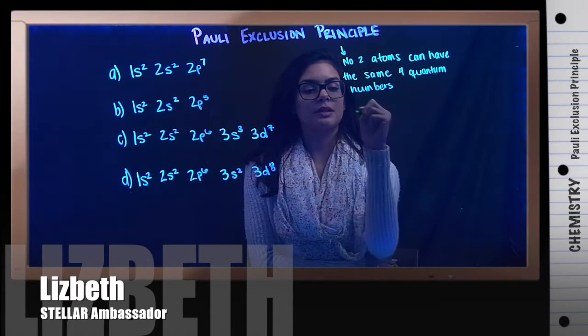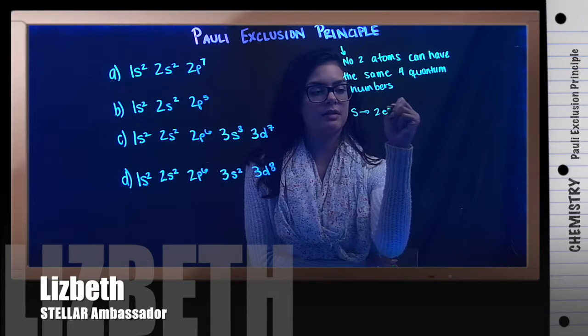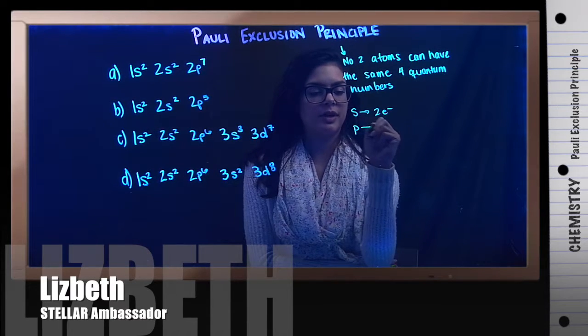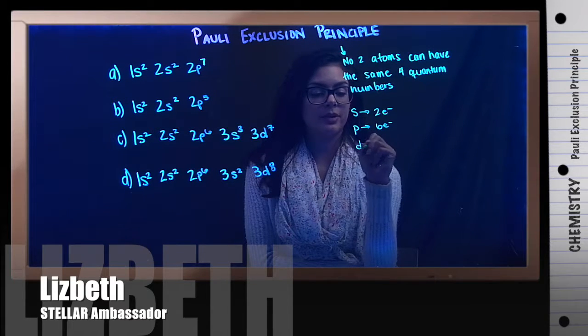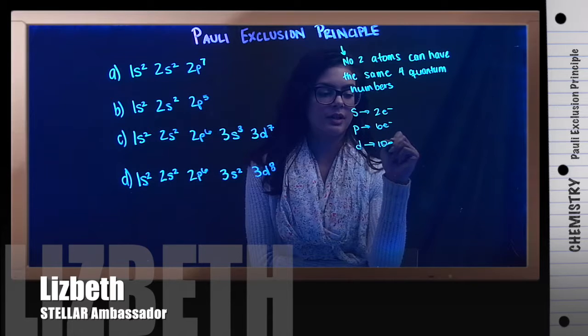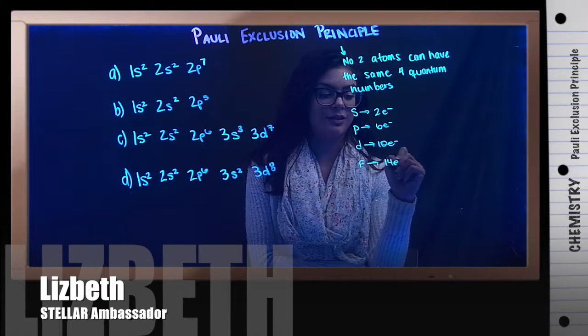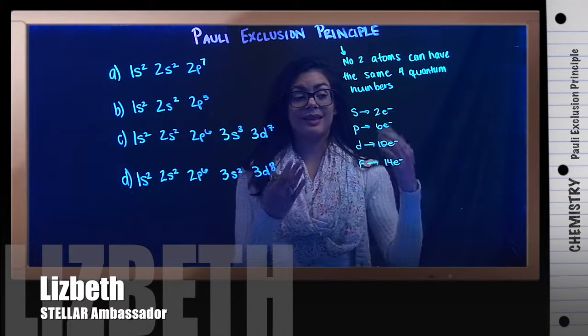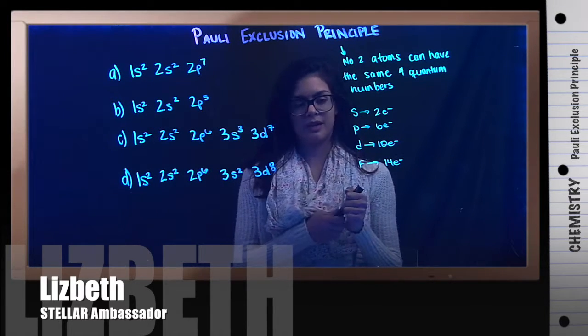One of those rules is that in the s orbital you can only have 2 electrons. In the p orbital you can have up to 6 electrons. In the d orbital you can have up to 10 electrons. And in the f orbital you can have up to 14 electrons. You can have less than these values, that's fine, but you can't have more than those values.